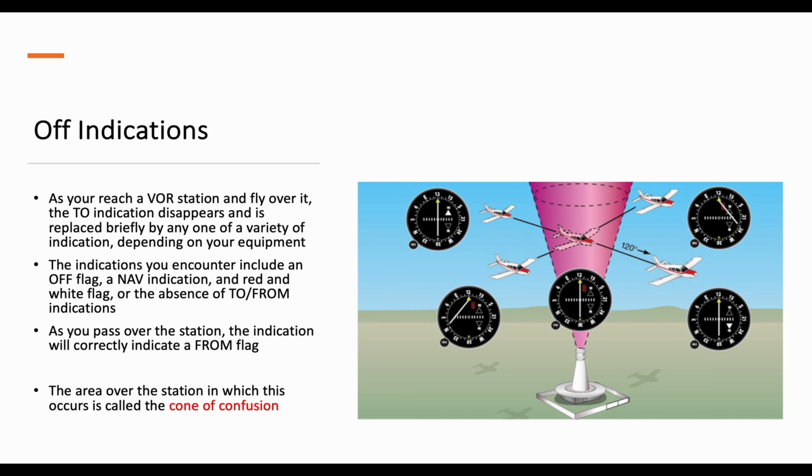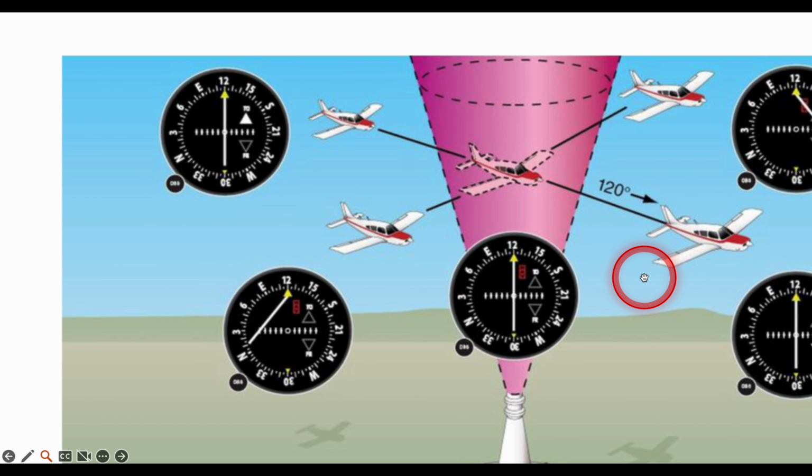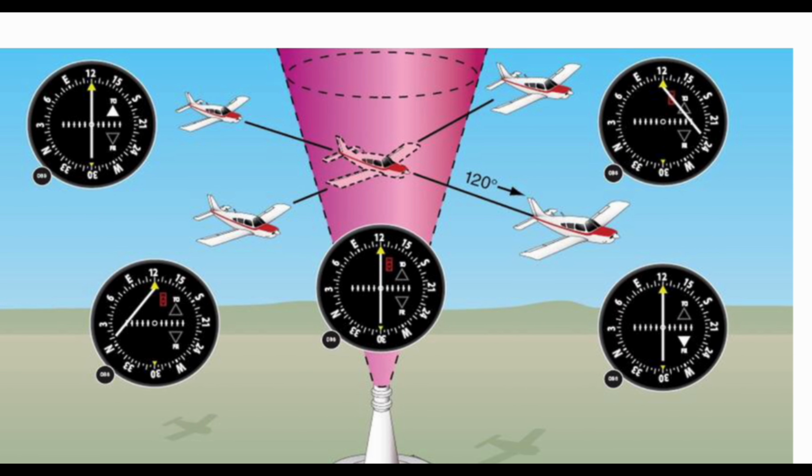There are some off indications. There are some cases in which you would get no flag on that indicator, and this is what it would look like. So directly over the top of a VOR, there's something called a cone of confusion. Whenever you're passing directly over the VOR, your flag will disappear. So if we look at where this airplane is located here, they have a to flag, they're flying a heading of 120, and they're on the 300 radial.